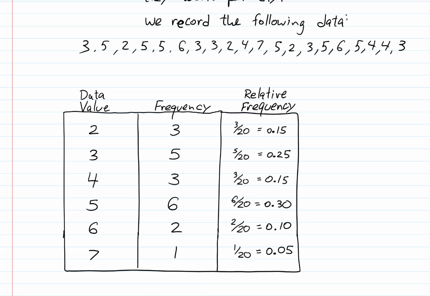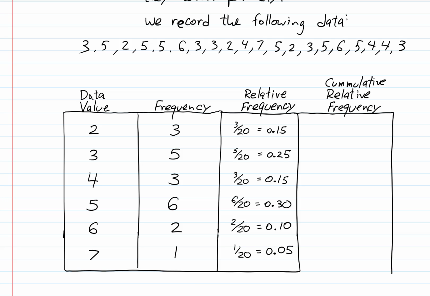And then the last kind I told you about was cumulative relative frequency. That's the relative frequency of anything less than or equal to that data point.